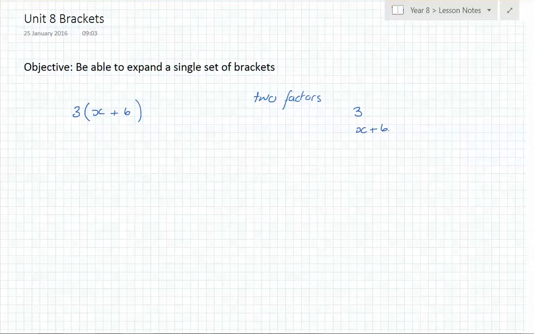If I said a number is in factorized form, 3 times 4, the number is 12. We've got an algebraic expression here in factorized form, and it's 3 times x plus 6. So we've got to figure out what it is as a complete expression without being factorized.